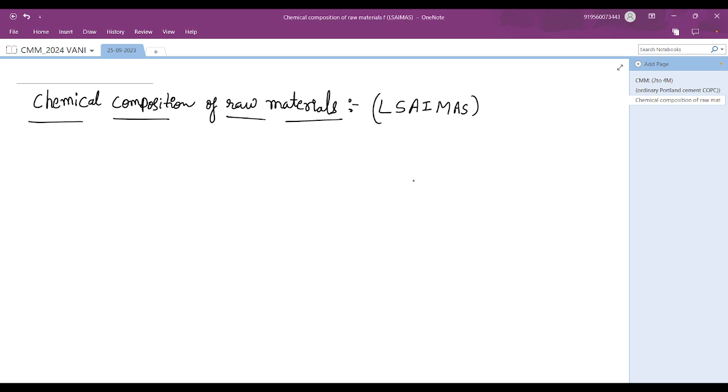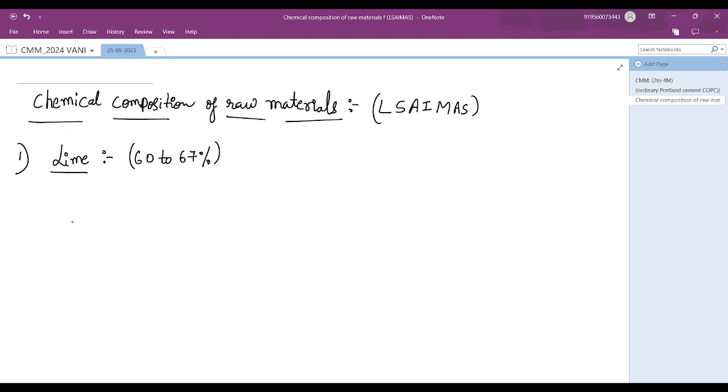So first here is lime. Lime is present around 60 to 67% by weight of the cement. After manufacturing, the lime is present around 60 to 67%.